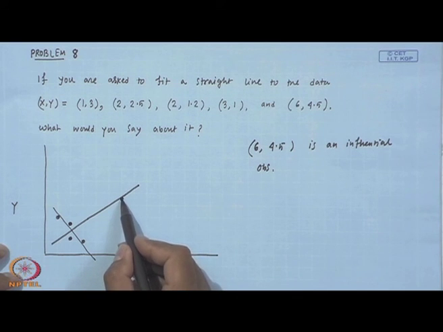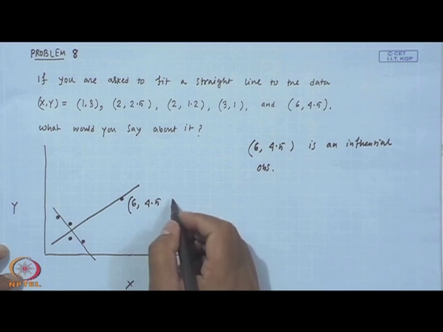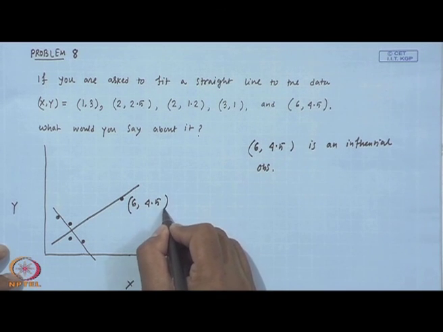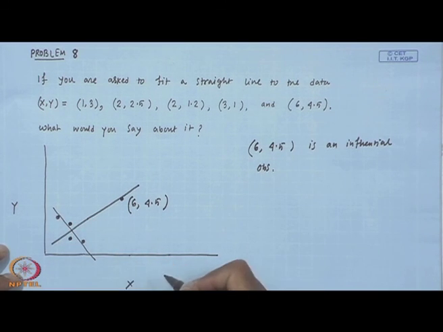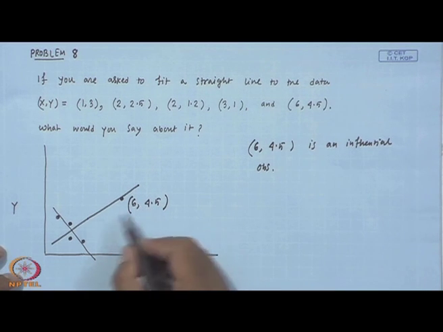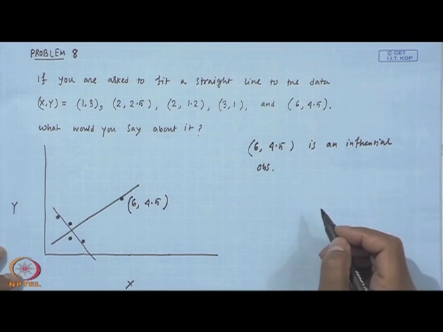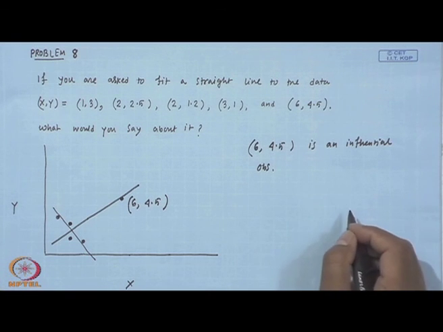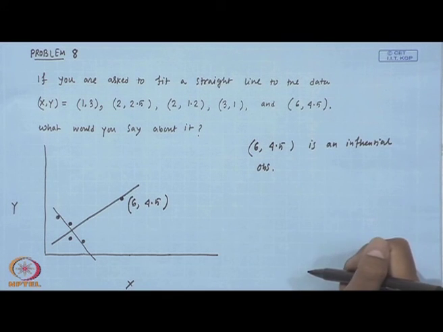So, without this point, this is my 6, 4.5, the fitted model has negative slope, and with this point, the fitted model has a positive slope. Okay. So, this clearly says that the point 6, 4.5 is an influential observation.